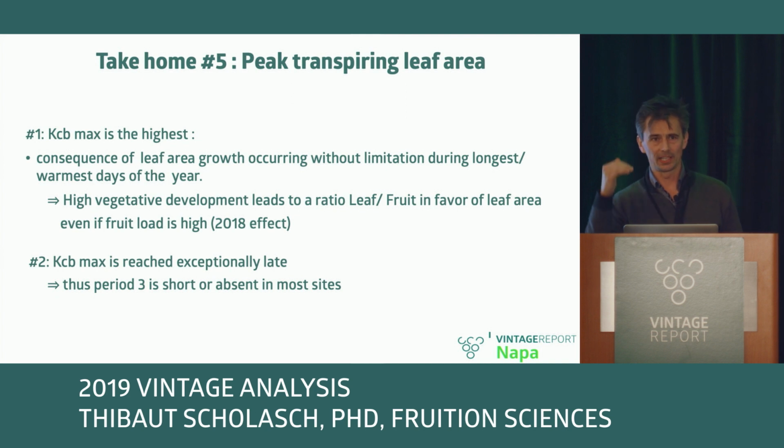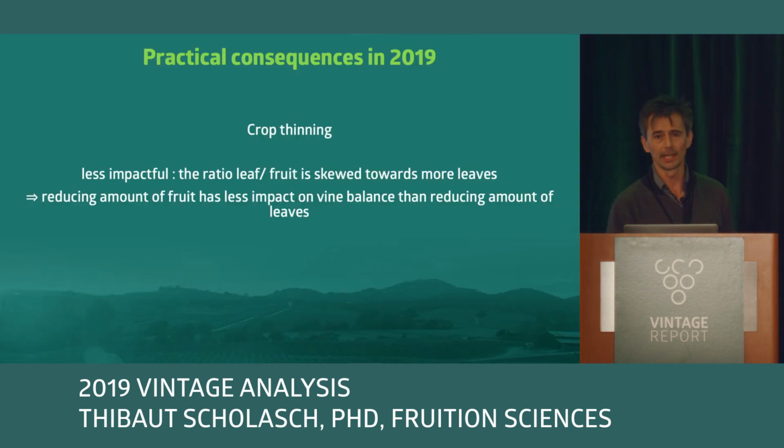So if I try to translate that in terms of practical consequences in 2019, that means that number one, because of this explosive leaf area development boosted with nitrogen, and also because of the carryover effect of 2018 making the year more conducive to a higher cluster number and a higher cluster size, crop thinning is probably not going to be as impactful as it would be in a year where leaf area development is more moderate.